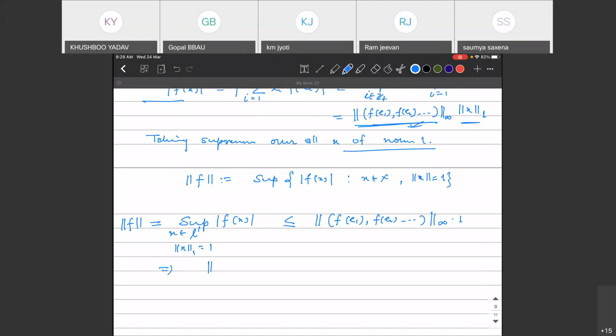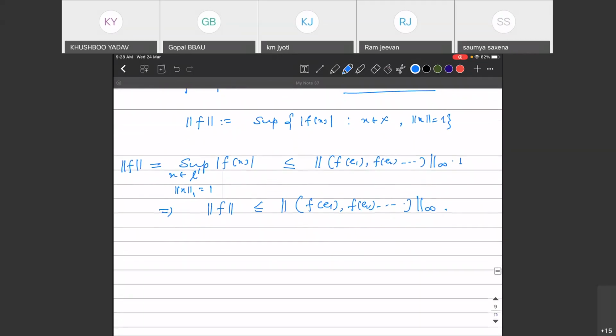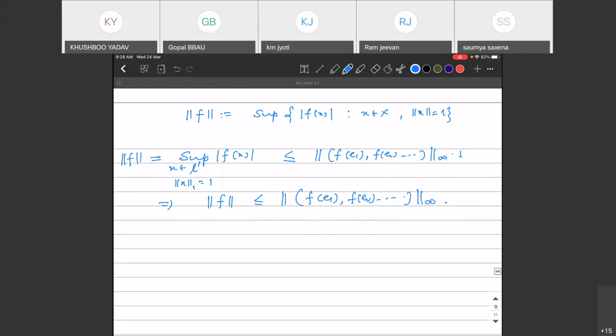So this implies norm f is less than or equal to this thing, which is the norm in L infinity. Correct? Is it okay? Yes, sir.